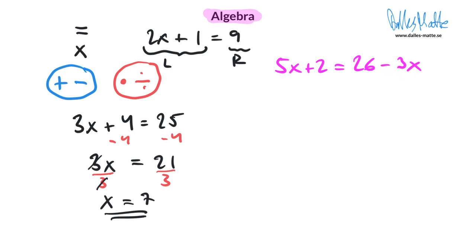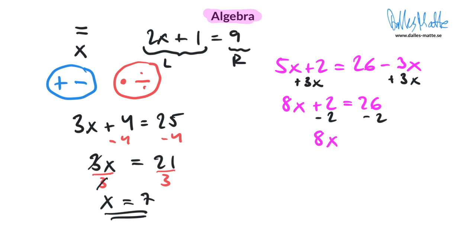So the opposite is plus 3x, and then plus 3x on the other side of the equal sign also. 5x plus 3x is 8x, plus 2 equal to 26. And now I would like to have this plus 2 away. Then I can get that with minus 2 on both sides.